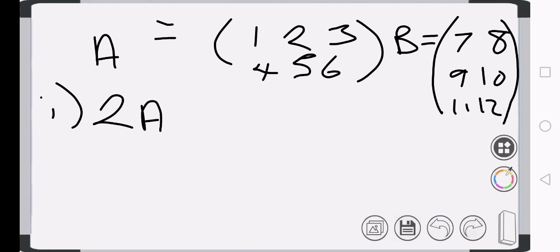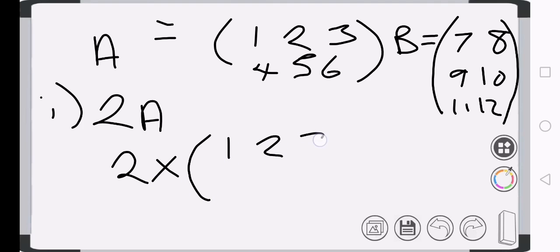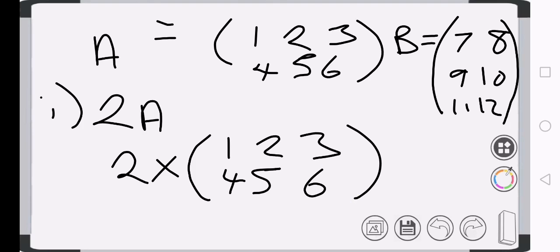So what we're going to do is 2 times 1, 2, 3, 4, 5, 6. So when you're multiplying, you multiply 2 by each element in the matrix.